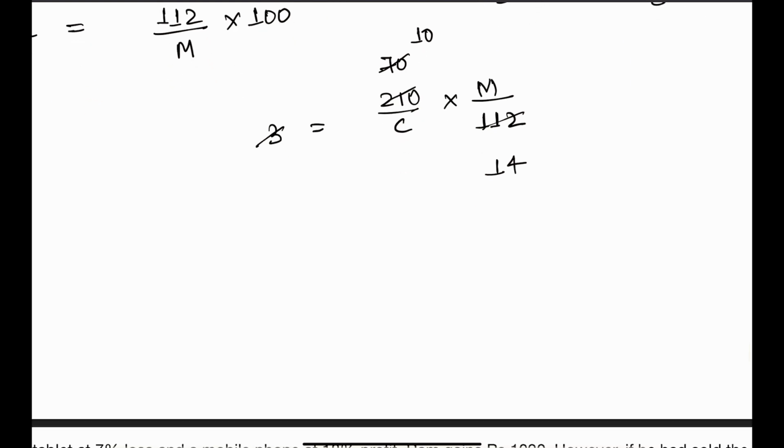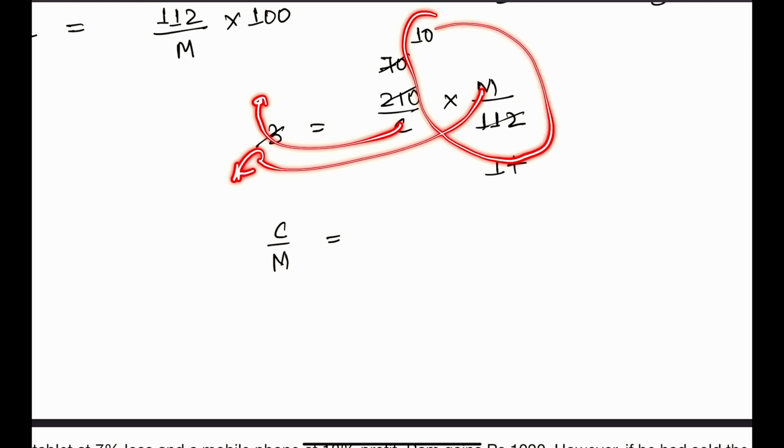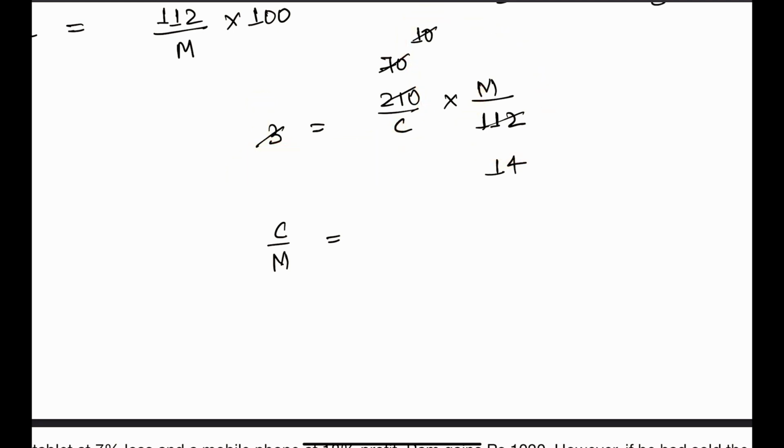So from here what I can say, my C upon M, one thing notice again, mistake, my C is going over here, my M is coming over here, so I am bringing this on the other side, so it will be same only. It will be 5 by 7.